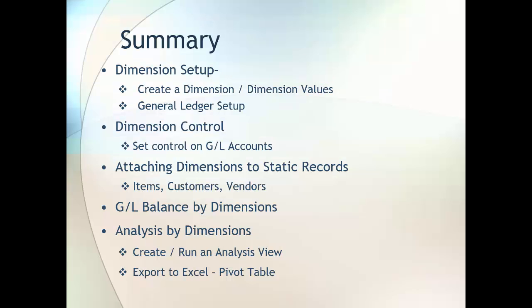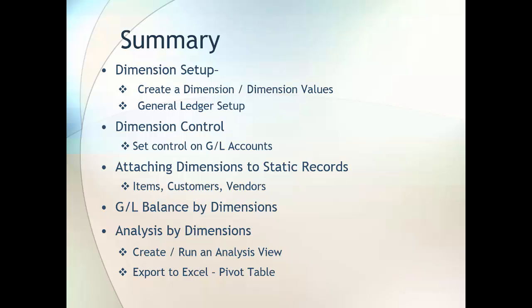summary now of what we have covered during this session. We have gone through the dimension setup and created our product dimension with our value of wheel, and attached that dimension to the general ledger setup so that we can use that in our analysis by dimensions. We've looked at how we can set the control on our GL accounts to make sure that the correct GL dimension codes are brought through to any of the postings.